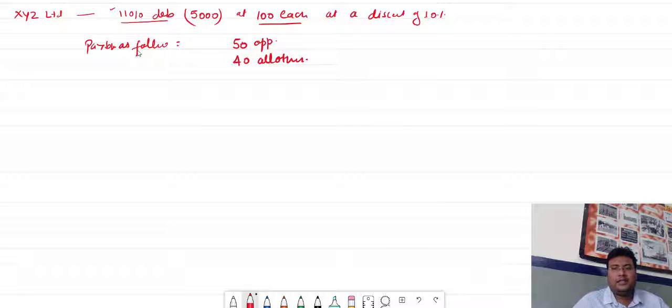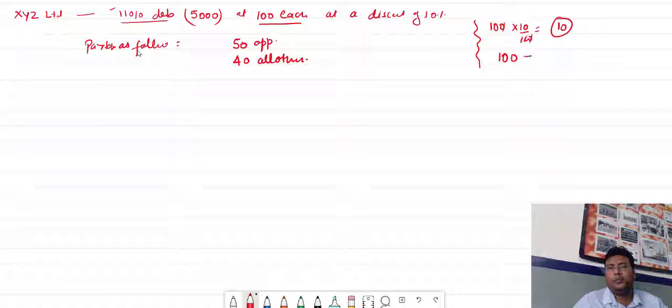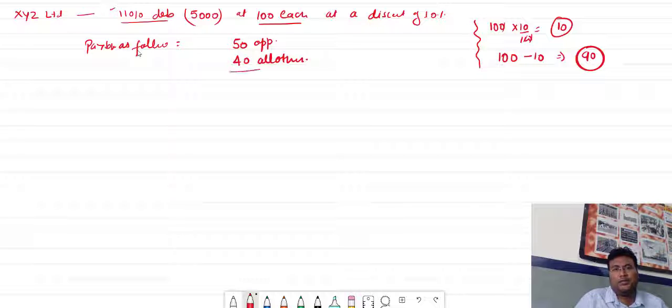So bacha, as you can see in this question, 100 rupees is the value of debentures, and when we deduct 10%, then it will be how much, bacha? 10 rupees. So 100 rupees is the debenture par value minus 10 rupees, so it will be 90. And when we add this 50 plus 40, it is 90. It means the 10 rupees is adjusted in allotment.